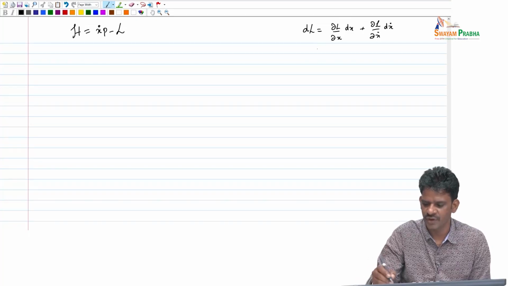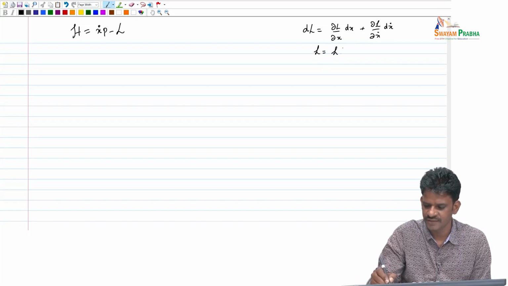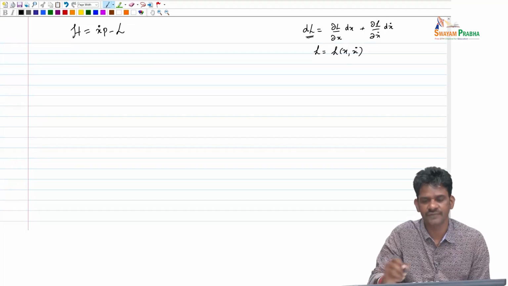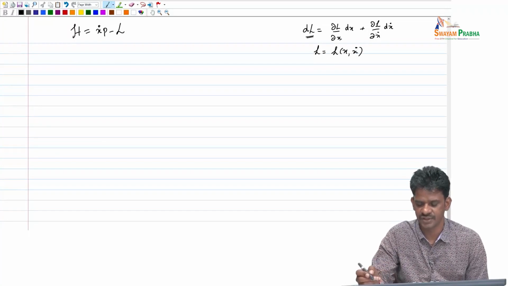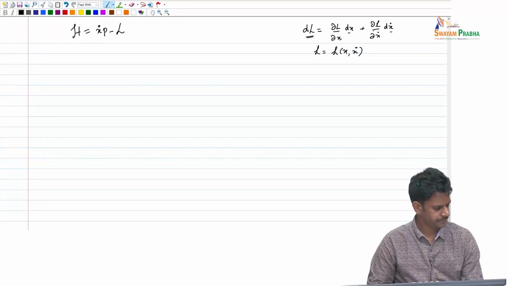I am able to write this because I know that the function L is a function of x comma x dot. So any small change in L, which can be written as dL, is a sum of partial derivatives of L with respect to the two variables, x and x dot, multiplied by the differential variables dx and dx dot.